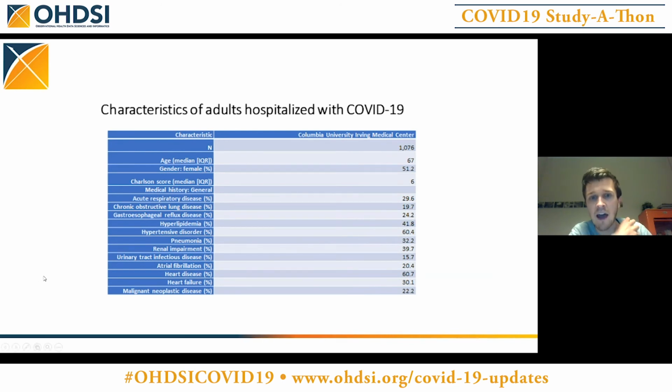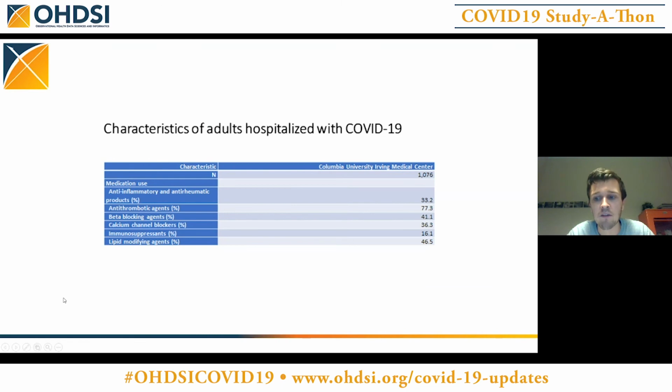We can see that the average age was about 67. And one notable aspect to see immediately is that the Charlson score is 6. Then we've got a whole wide range of characteristics that we'll be describing for this population and other populations that are captured in the OMOP CDM across the network.